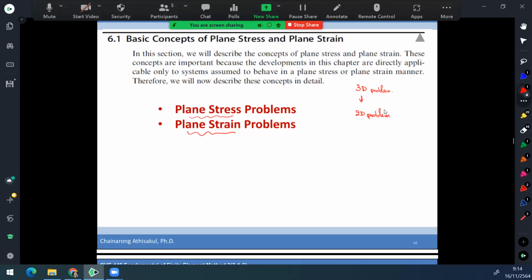So from that process, two types of problem are defined, plane stress and plane strain. We have to understand this. Okay, what is the difference between the plane stress problem and the plane strain problem?